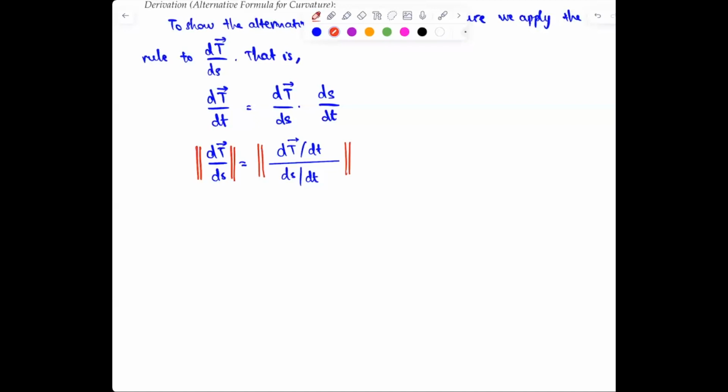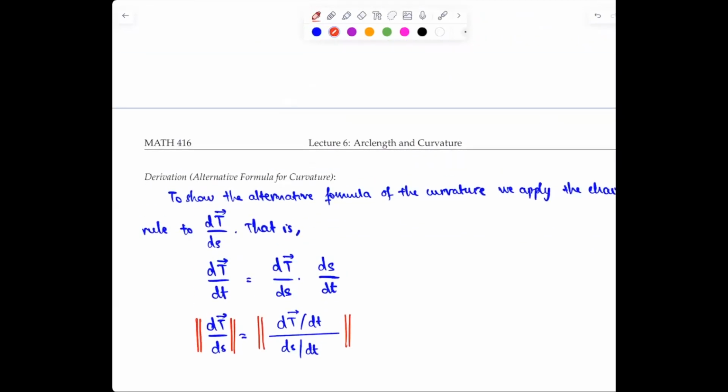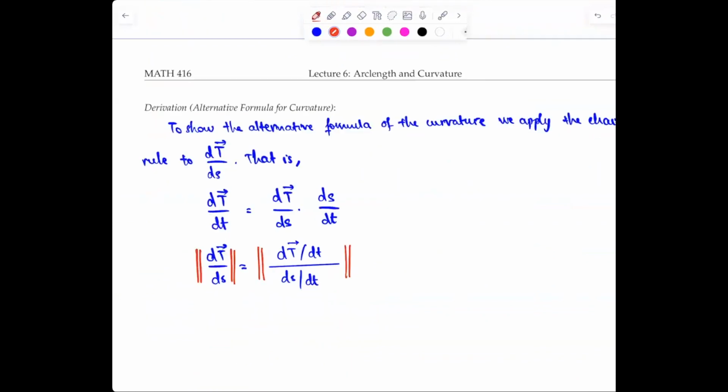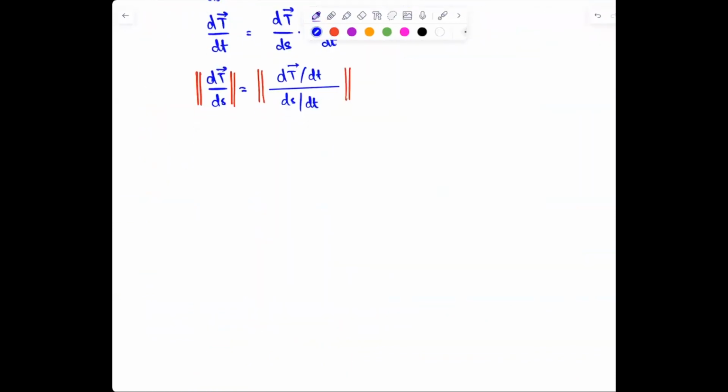So what is the left-hand side now? The left-hand side is the magnitude of dT/ds. By definition, this is kappa, the curvature. The right-hand side is there so that we can derive this formula. Kappa is equal to the magnitude of dT/ds.